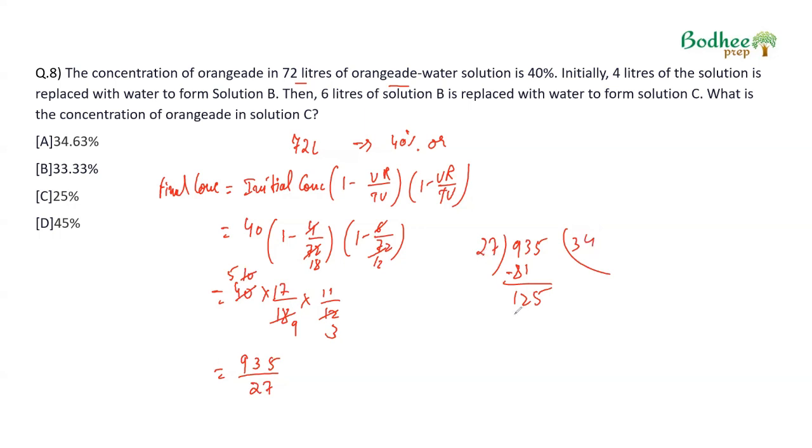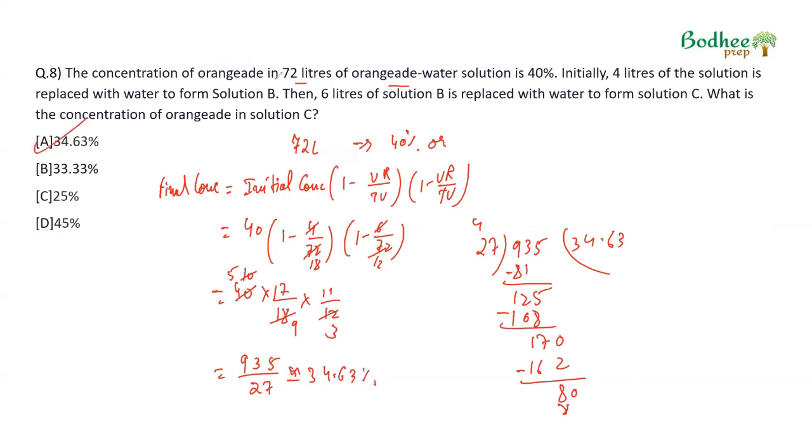Fours are 108 minus 17.0. 6 are 642, carry forward 4. 162, 80. Threes are 81. So approximately 34.63% orangeade will be there in solution C.